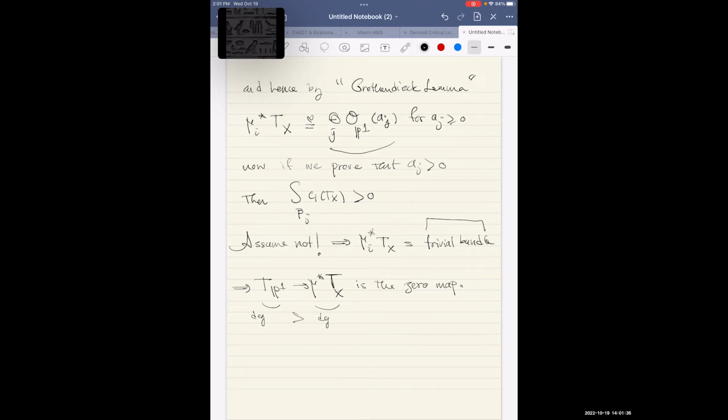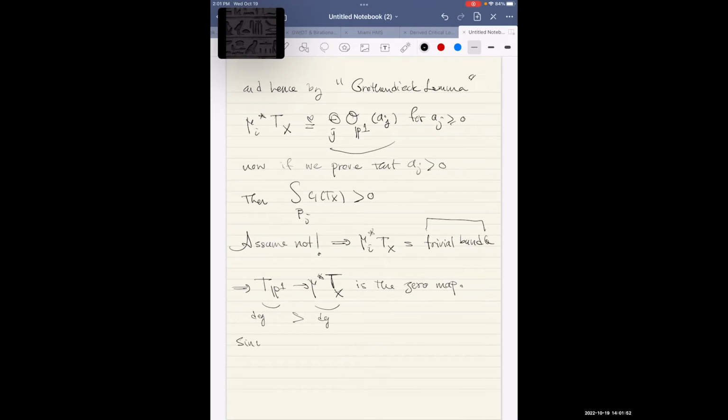So basically it says that if you have a map between two stable bundles, and the degree drops under the map, the map is going to be the zero map. So why is this the case?